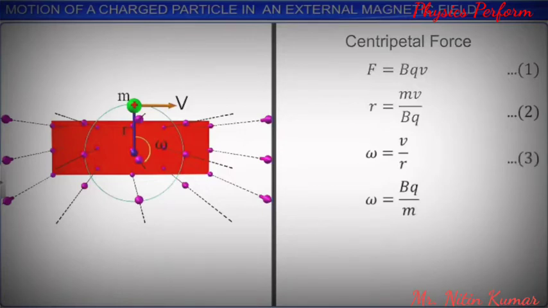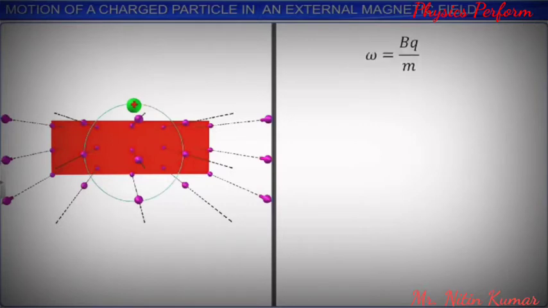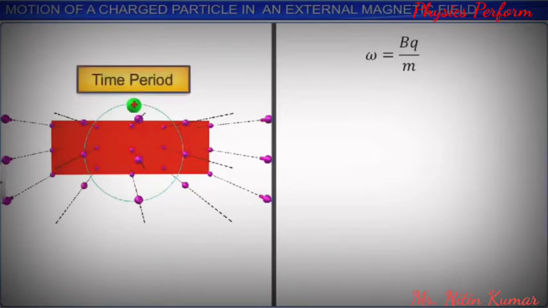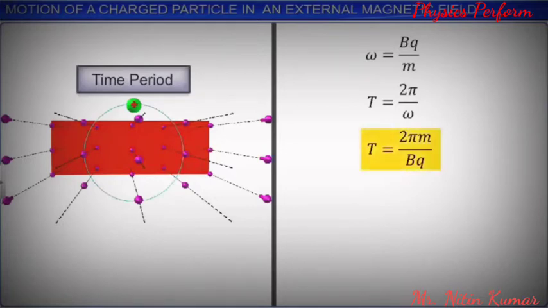As you know, the time taken to complete one revolution is called the time period of revolution. Time period T is equal to 2 pi by omega. Substituting equation 3, we get T is equal to 2 pi m by BQ. From the expression, it is clear that the time period of revolution of the charged particle is independent of its speed.